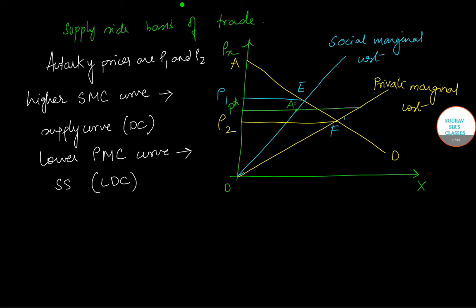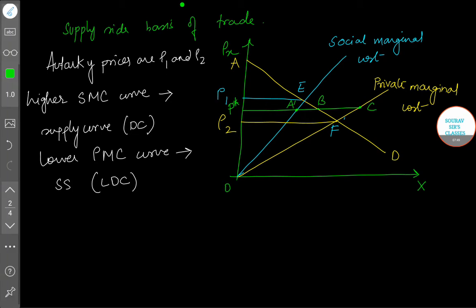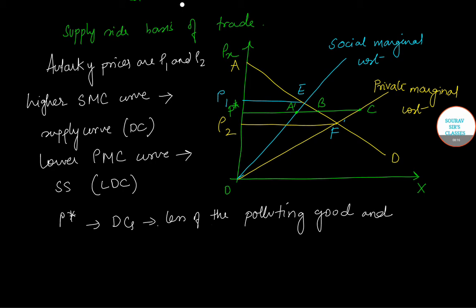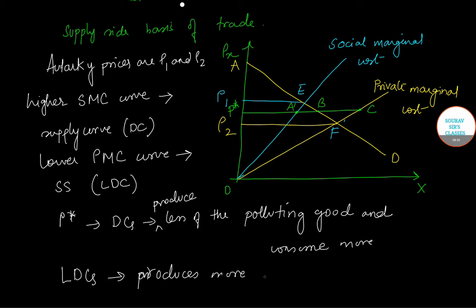So this point, let me mark it as A dash, this is B because A I have already used, and this is C. So what we see is that if the trade occurs at the price P star, then the developed country produces less of the polluting good, because they have moved down the social marginal cost curve, and consumes more of it, and the less developed countries produce more of the polluting good and consume less of it compared to the respective autarky equilibrium positions.